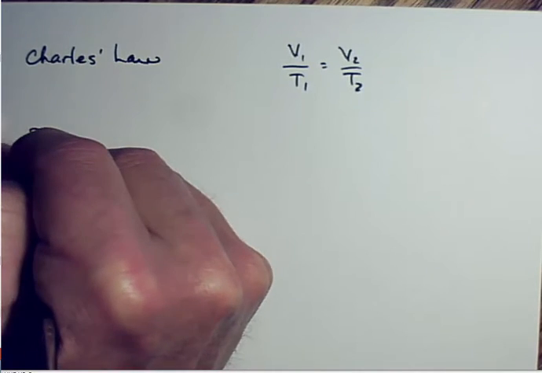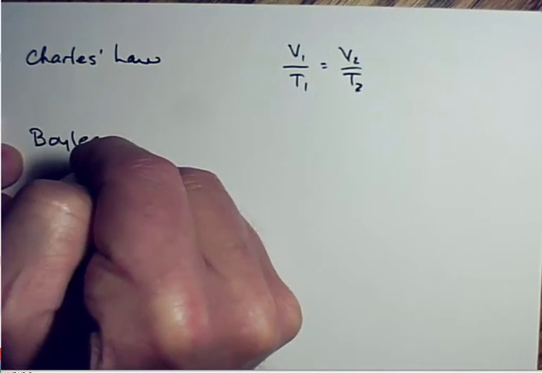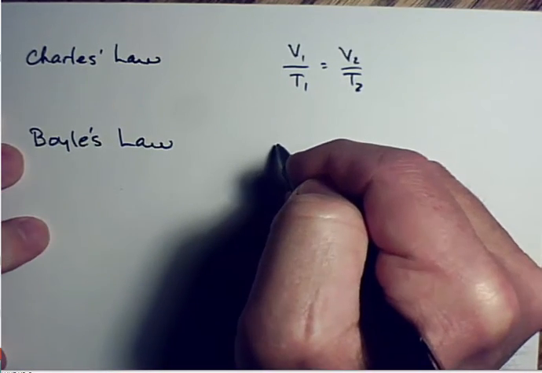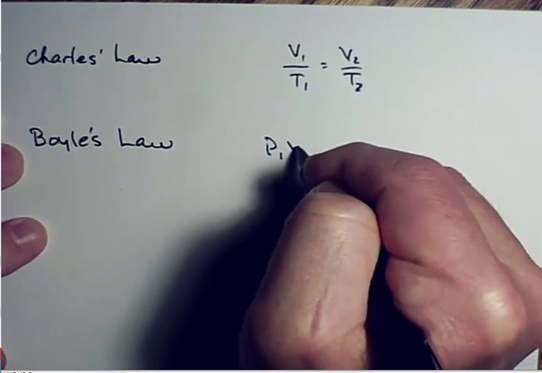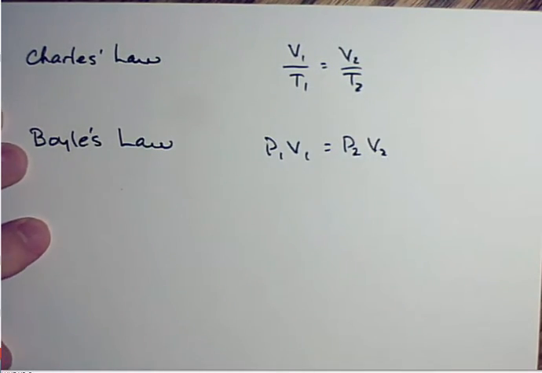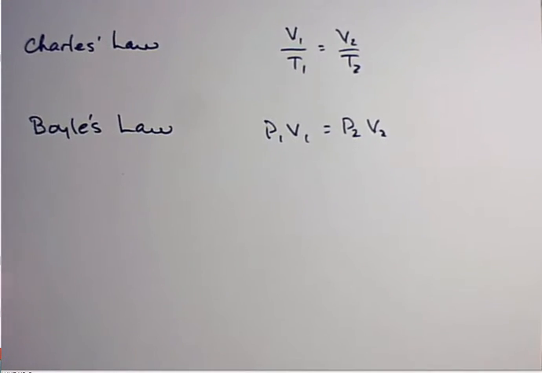We've talked about Boyle's law, and that was P1 times V1 equals P2 times V2. When we first started talking about Charles' law, I told you that another scientist, whose name was Gay-Lussac, was the first person to write down Charles' law.